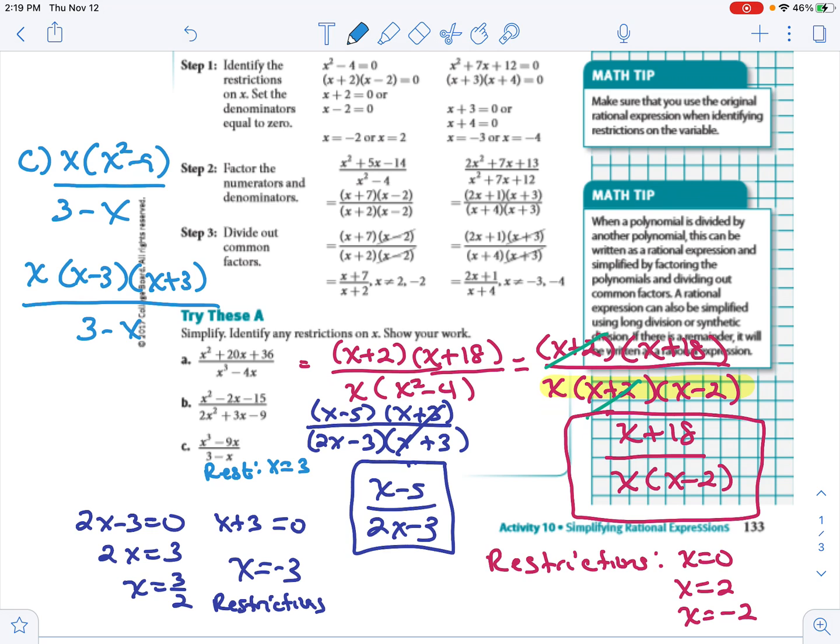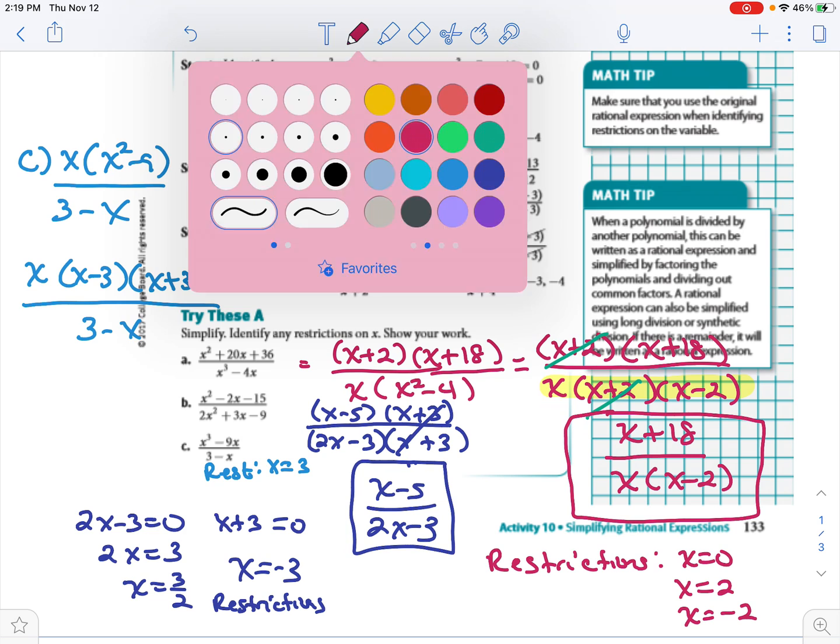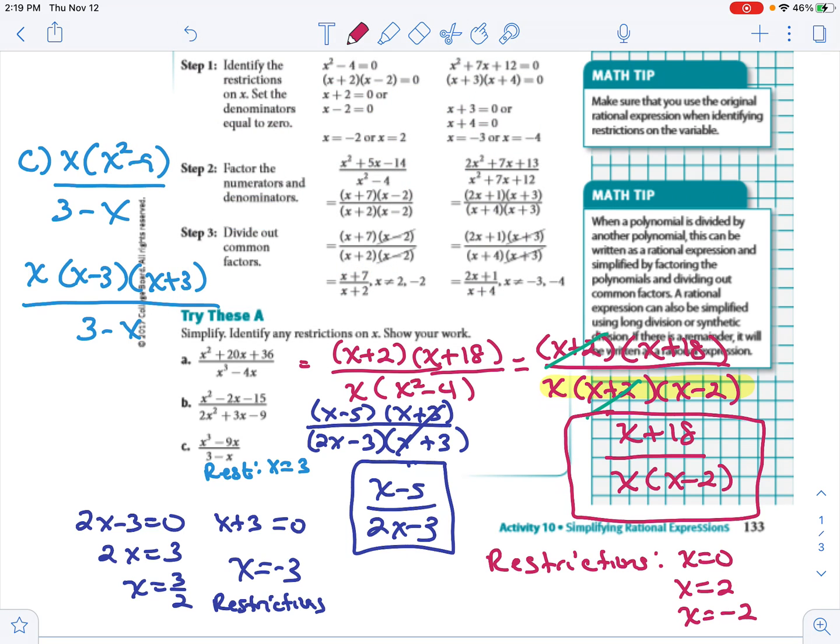But now this one doesn't look like it simplifies because x minus 3 does not cancel with 3 minus x. So what we could do for this one is multiply the top and the bottom by a -1. And if we do that, that just makes the top negative and it also makes the bottom negative. But what it does to the bottom is it turns it into -3 plus x.